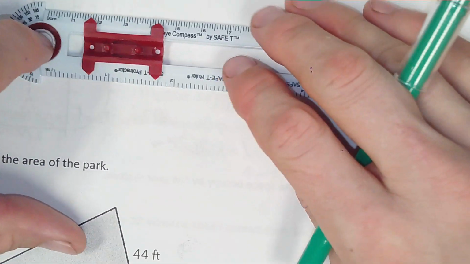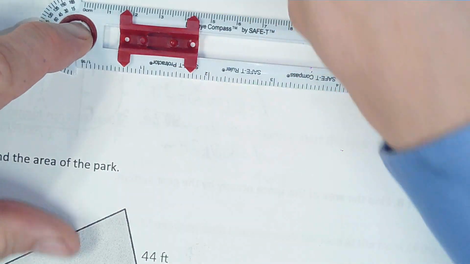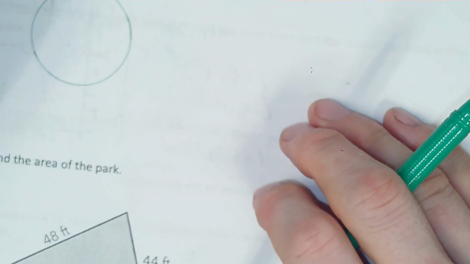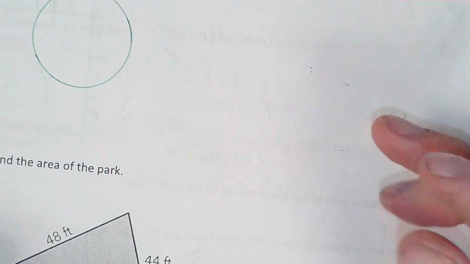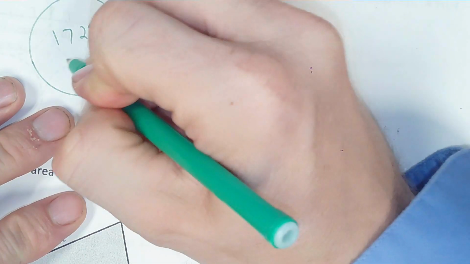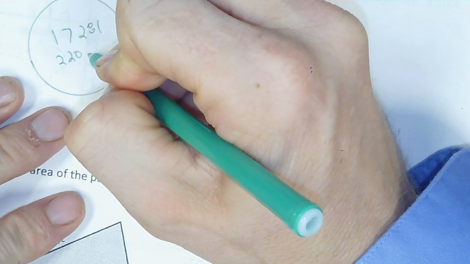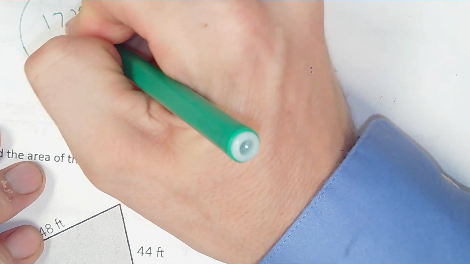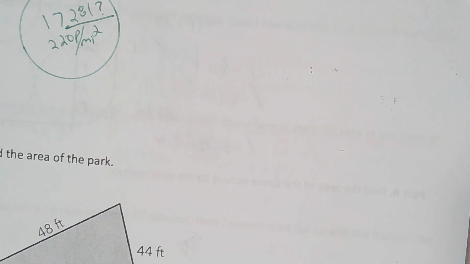A circular man-made island has a population of about 17,281 people and a population density of 220 people per square mile. Find the radius of the island.